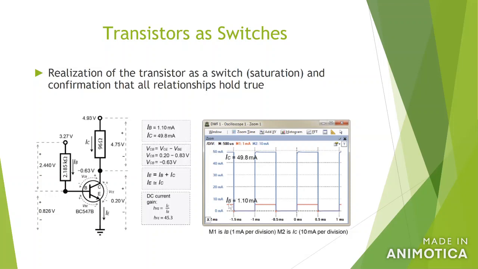So you can see, by applying a very low current on B, the base, you can produce very high current on C. That's the IC.